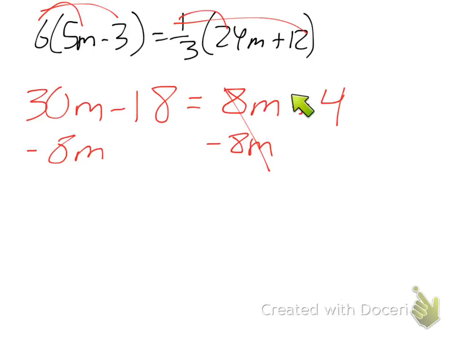So instead of doing this in 2 separate times, can I do it now? Can I go and say, hey, how do I get rid of a negative 18? I add 18. But what I do to one side, I have to do to the other. So therefore, I should be canceling something on both sides.